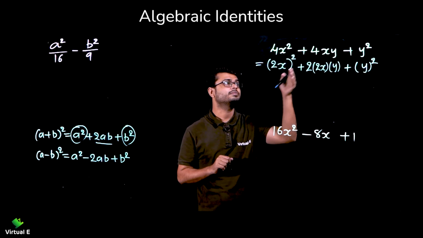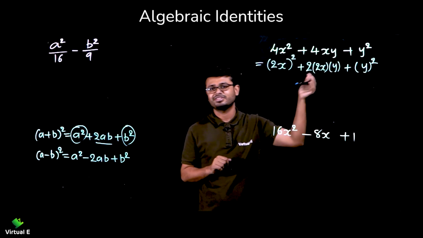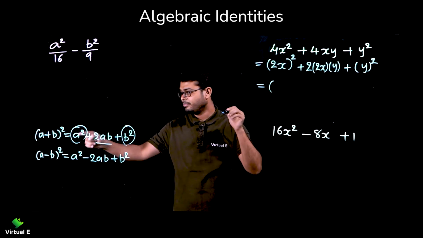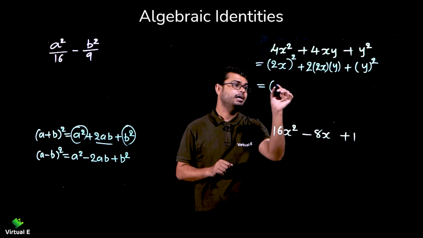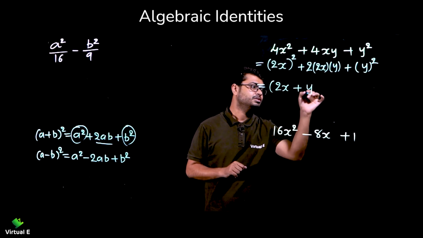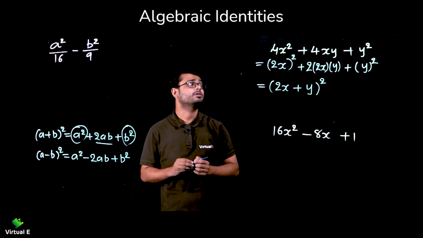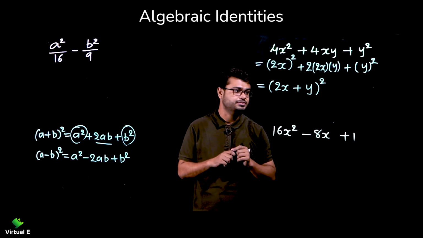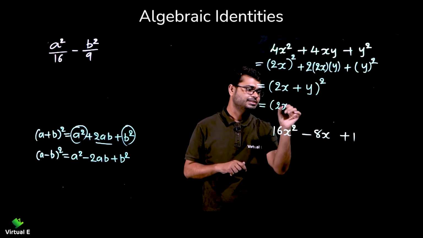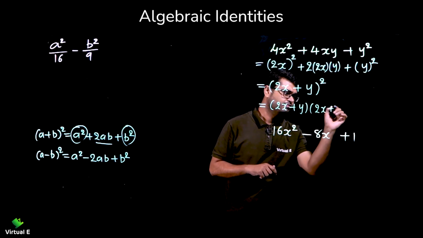So a square plus 2ab plus b square, it is of this form, simple. So what we can write is a plus b whole square. A in our case is 2x, then plus, and b is y, whole square. So this is how we solve this as factorization. Now if you want to write it in expanded form, that's 2x plus y into 2x plus y.